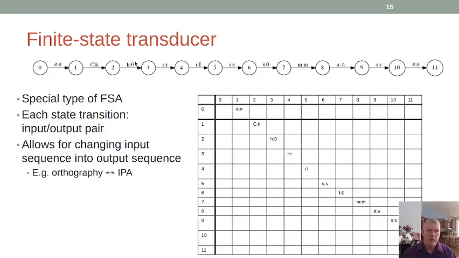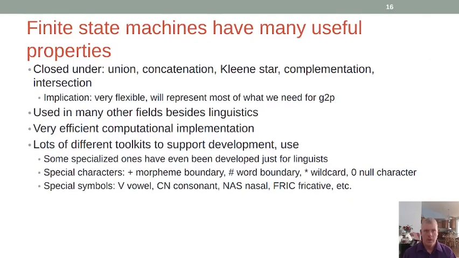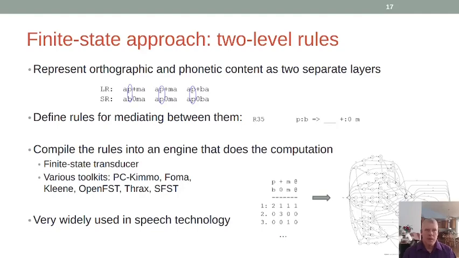Yeah, see right there, zeros for those two input things that shouldn't be represented in the output. Special symbols: we have V for vowel and CN for consonant, NAS for nasal, and other kinds of special symbols that are used.